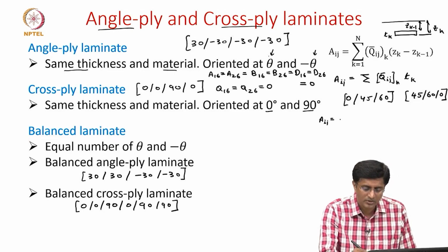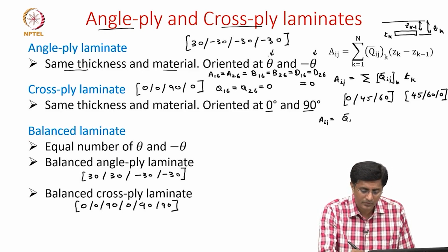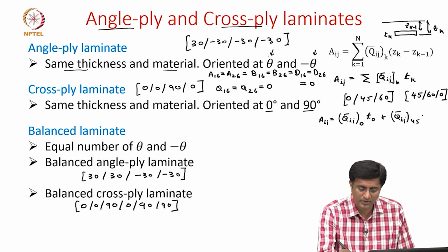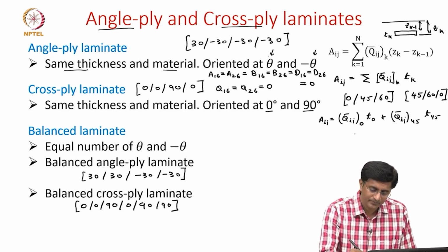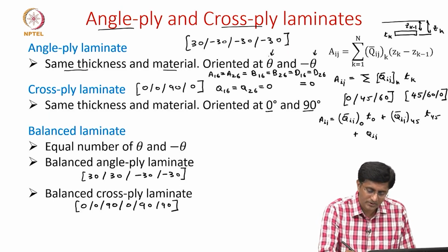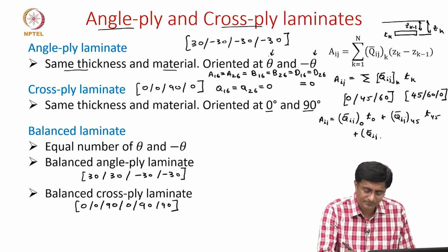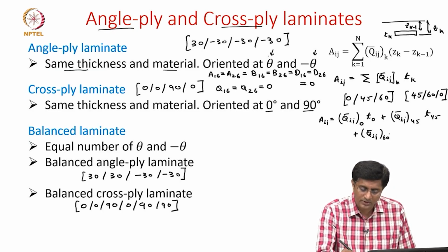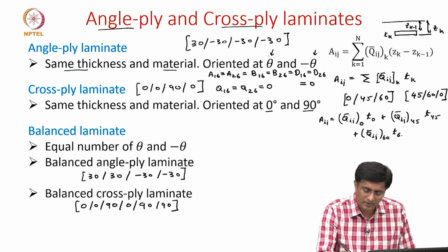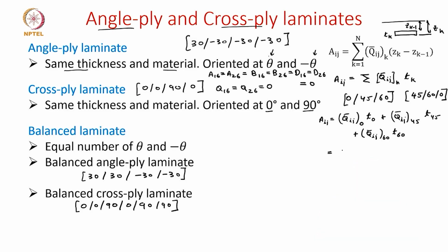Aij will be Qij bar for the 0 orientation times the thickness of the 0 layer, plus Qij bar for the 45 orientation times the thickness of 45, plus Qij bar for the 60-degree orientation times the thickness of the layer with 60 orientation. This is for the first laminate, and for the second laminate it is the same, but we'll see the sequence is different.